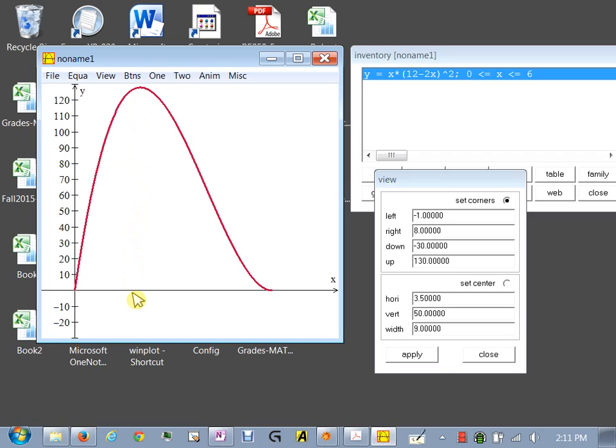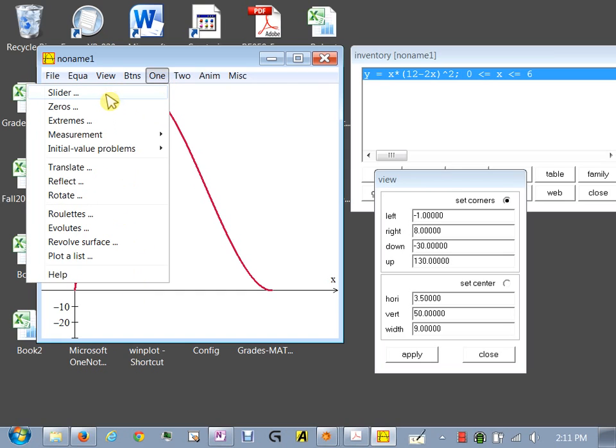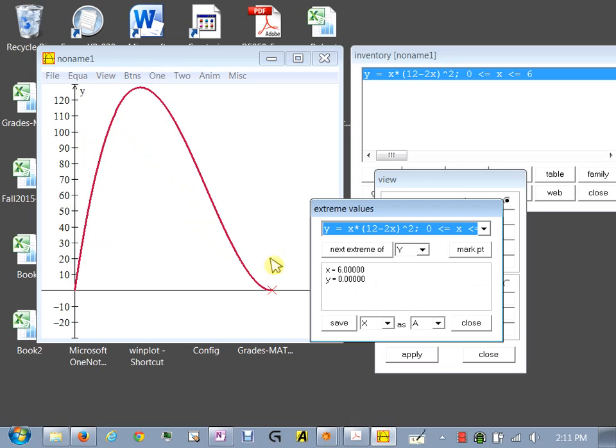What's the x value that that's occurring at? 2. Now this is smart enough to be able to find the extremes. So it found the extreme right here, 6, 0. You see that? If I hit next extreme, goes back 0, 0. It found it. Next extreme, 2, 128. See that? Just did all the calculus we just did. It did it in a split second, right? Got it?